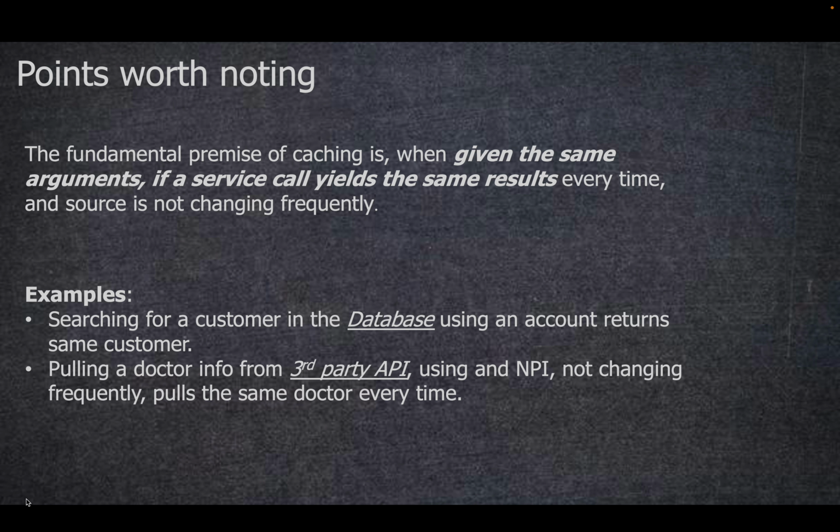What this is saying to us is that you go for caching when you have a more deterministic nature of the output, meaning you are sure that the data is not going to change for a given key every single time you send the same key. If it is changing, that means it's not a good candidate to cache.